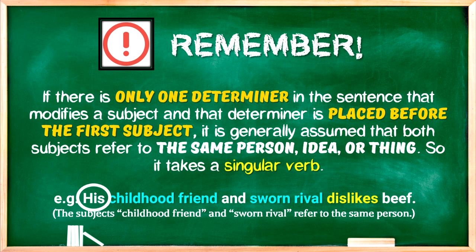If there is only one determiner in the sentence that modifies a subject, and that determiner is placed before the first subject, it is generally assumed that both subjects refer to the same person, idea, or thing. So it takes a singular verb.